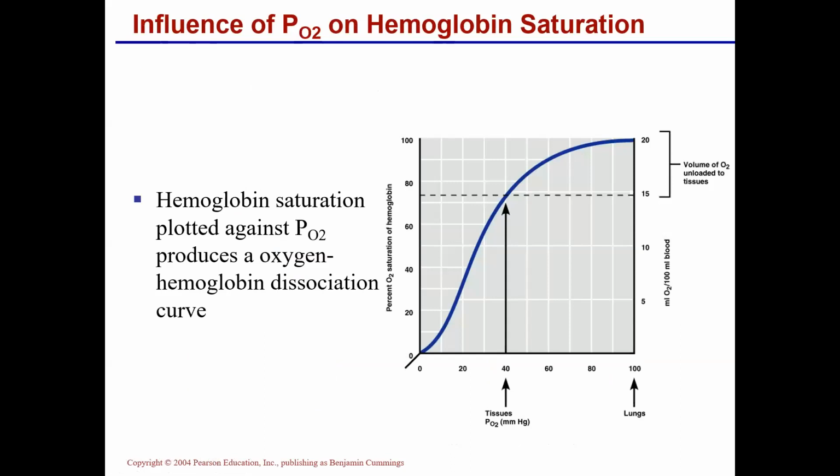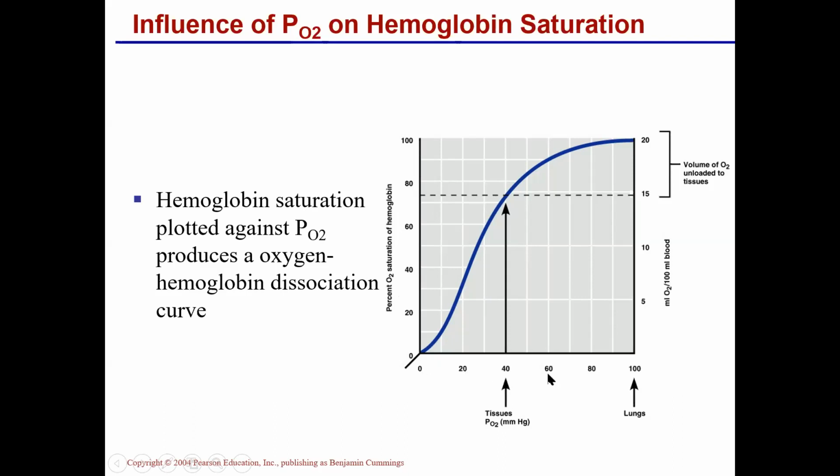I should spend some time on this curve. This is a very, very important curve, and everybody needs to understand this. This is called the hemoglobin saturation curve. On the y-axis is the percentage of oxygen bound to the hemoglobin, so the highest is 100% binding.